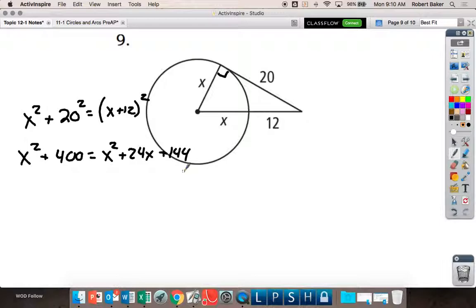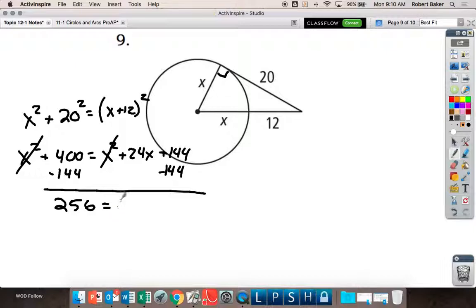Step 1, everyone's favorite step. Cancel out the x squared. Nobody needs them. Subtract 144 from both sides. 256 equals 24x.